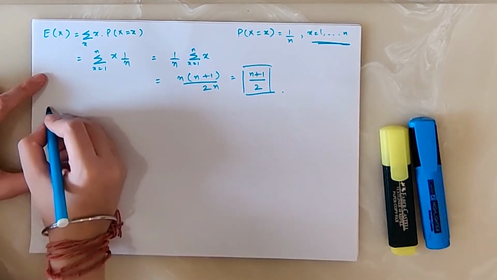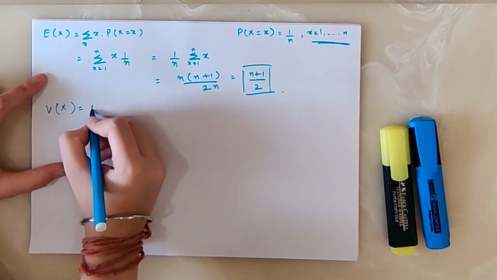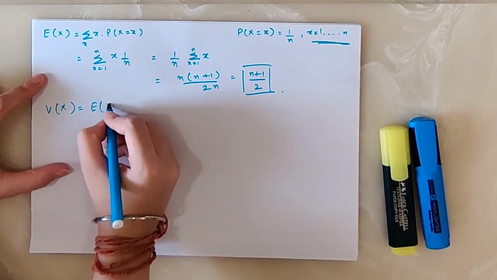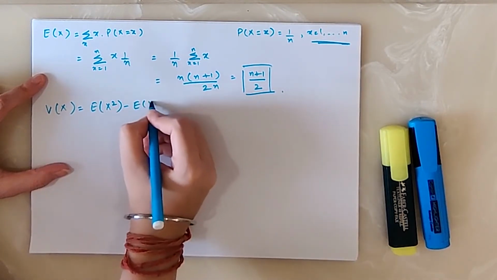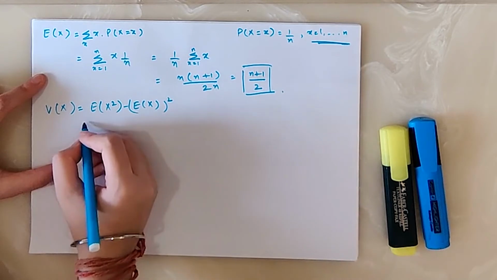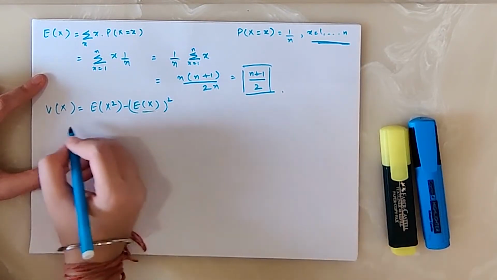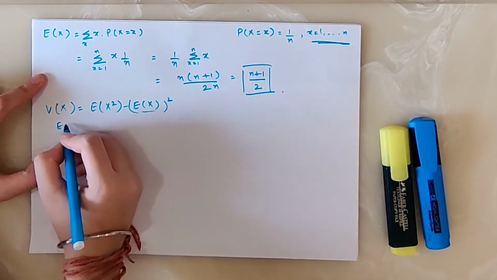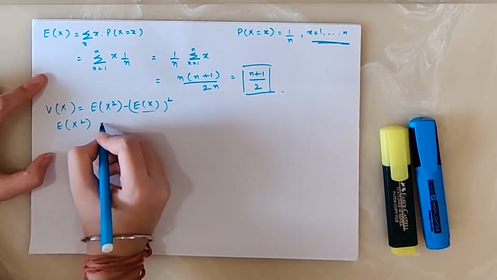Now let's calculate the variance of X. Variance of X is given by expectation of X squared minus expectation of X whole squared. We already have expectation of X. Let's first calculate expectation of X squared.